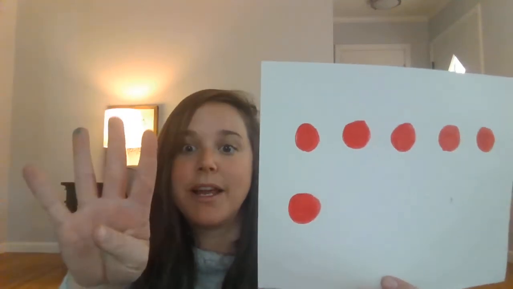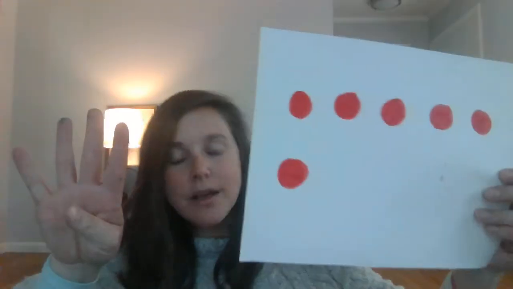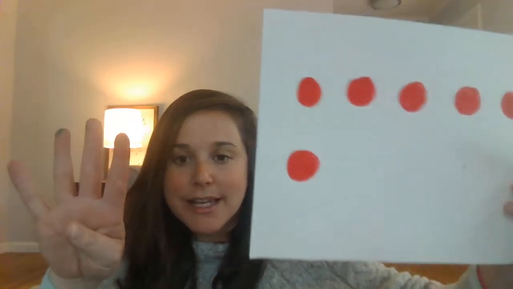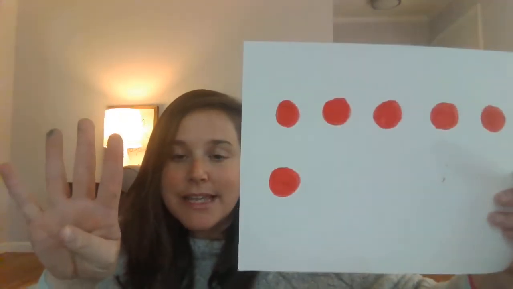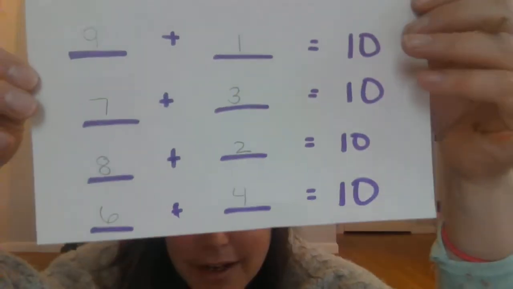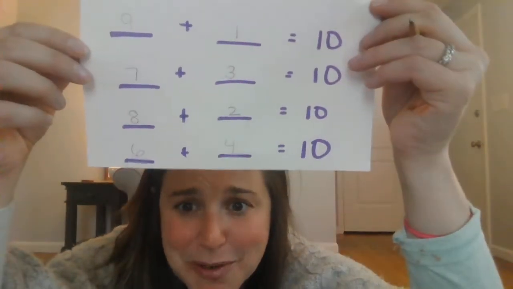How many more do I need to make 10? 1, 2, 3, 4. So that means that 6 and 4 more makes 10. 6 plus 4 equals 10. I wrote it way down here. It probably looks backwards to you. I'm still learning how to do these videos.